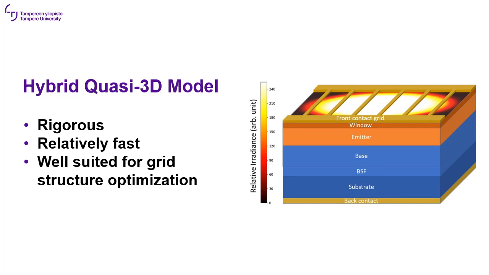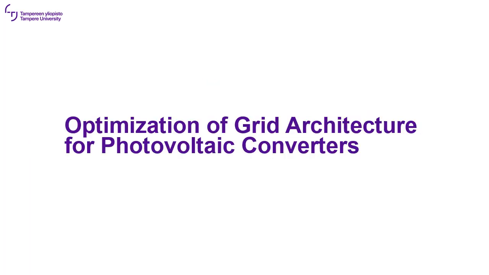This simulation tool excels in grid architecture optimization when the illumination profile is uneven over the cell. We have used this tool for an optimization case study of a front contact grid for a photovoltaic converter.